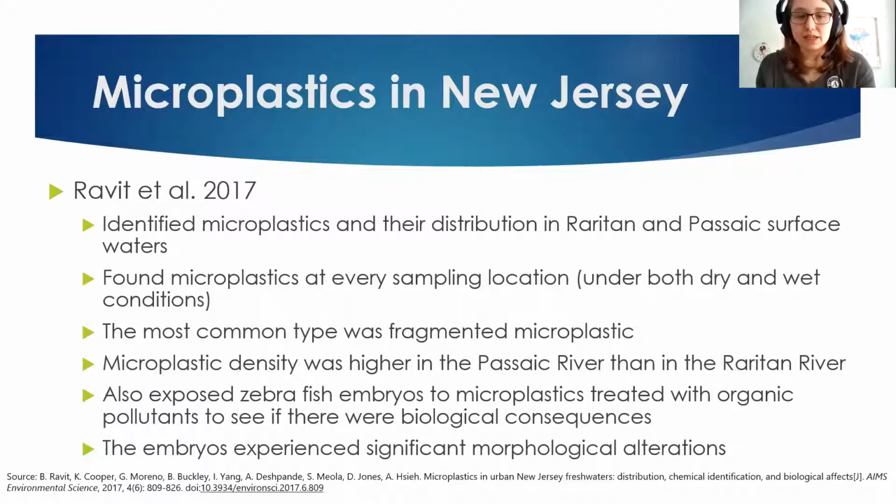So what they did in this study was they treated the microplastics with an organic pollutant, and then they exposed zebrafish embryos to them. And what they saw were morphological changes. So essentially, this study was just giving an example of how the persistent organic pollutants that can be mobilized and transported on these microplastics can cause biological issues and deformities in embryos.